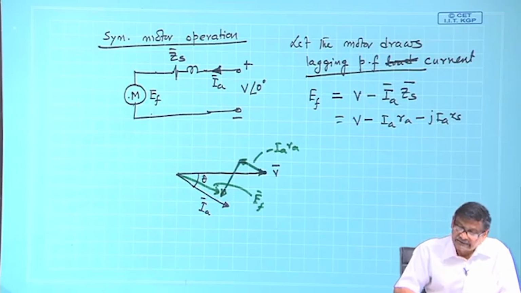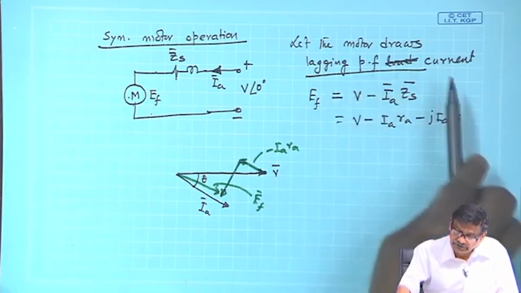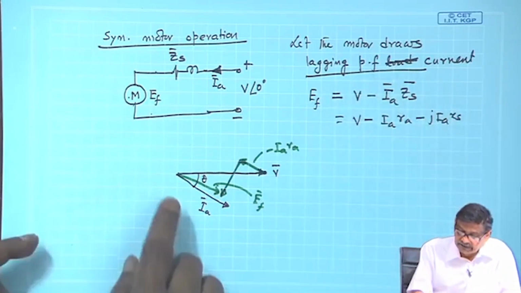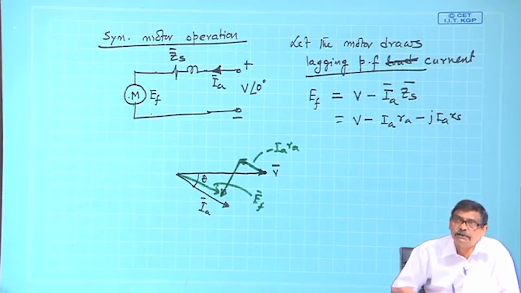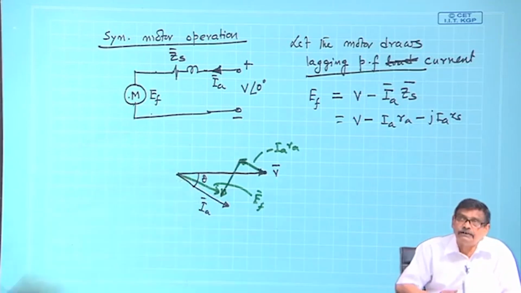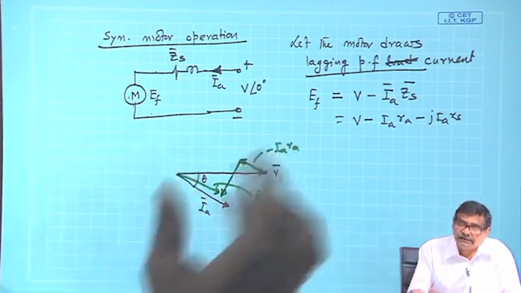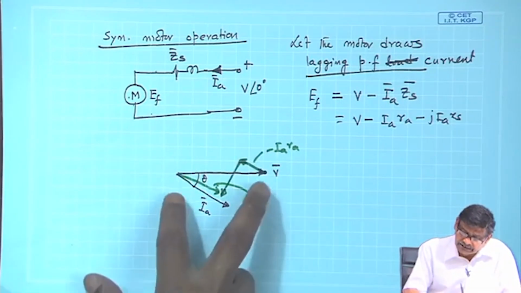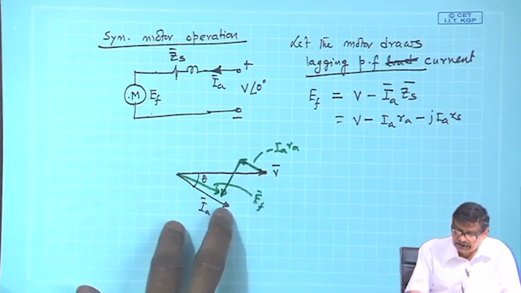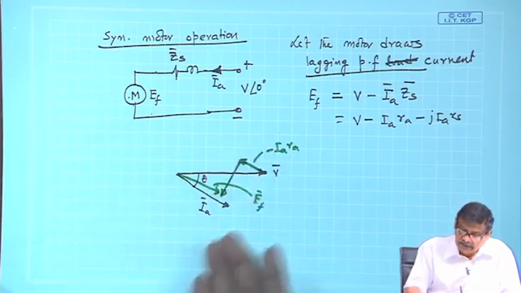One thing I can say: a motor draws lagging power factor current, and the length of Ef is nothing but the length of excitation. Excitation EMF means the rotor field. V denotes the resultant field. Therefore, you can easily see the resultant field is more than Ef and it will act as a motor.